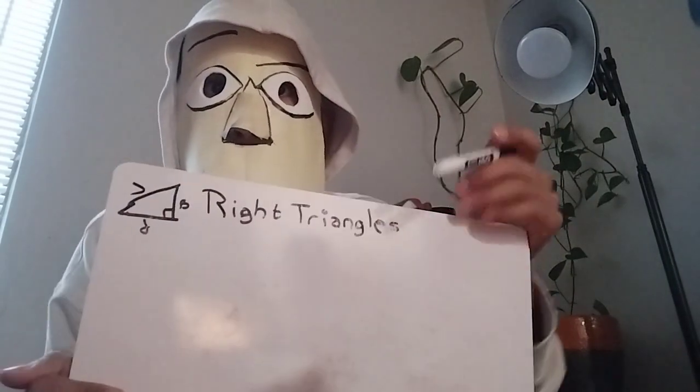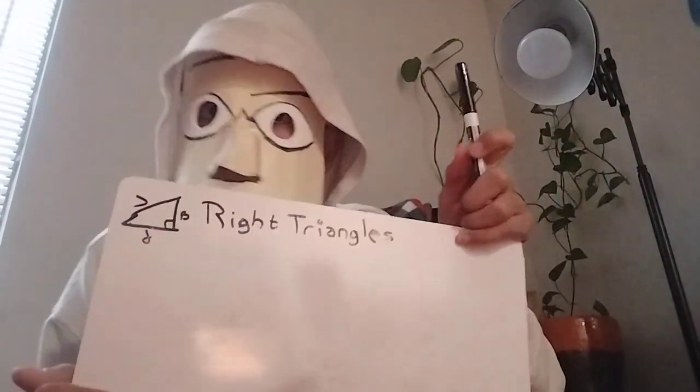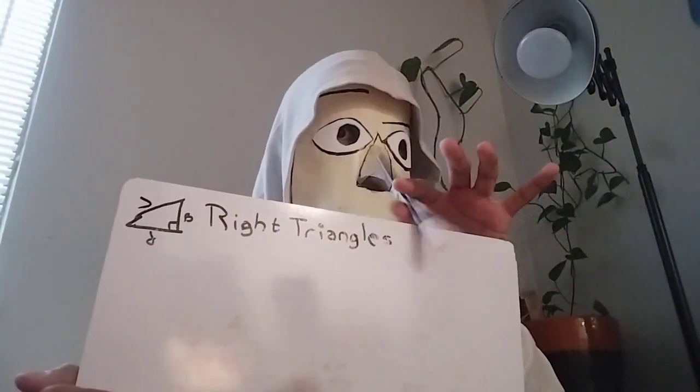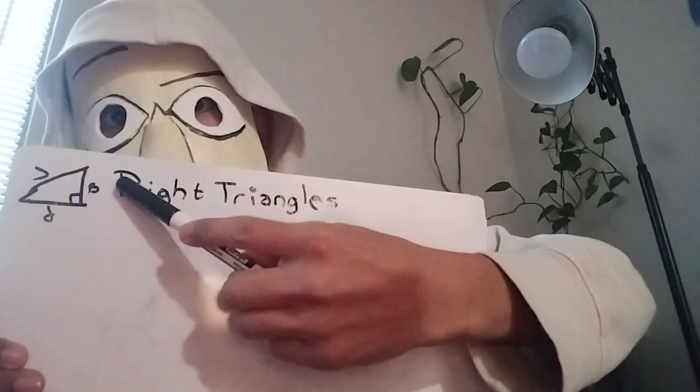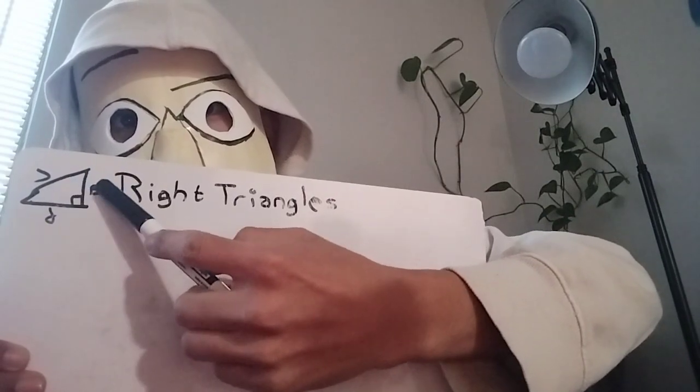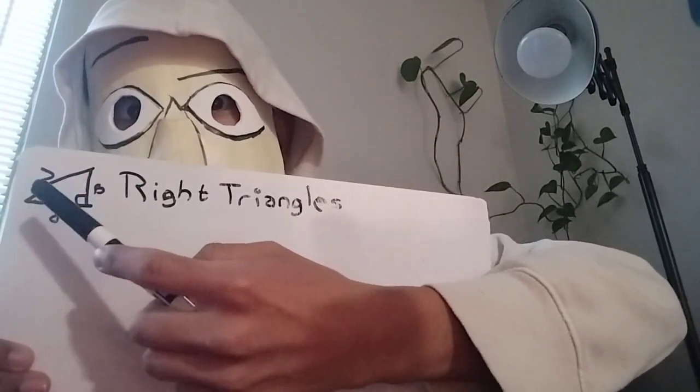Right triangles. What are right triangles? Right triangles are triangles, they have three sides: 1, 2, 3.